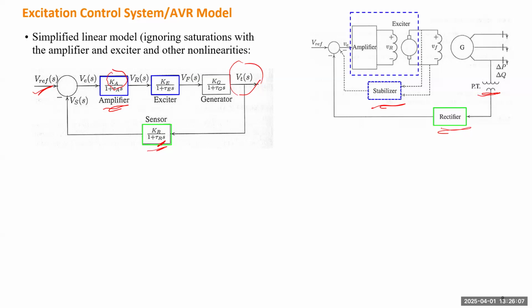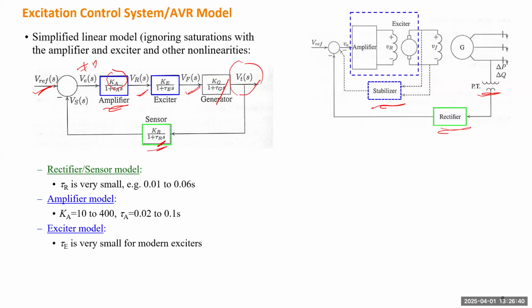Then this signal will be amplified through the amplifier and become the control signal going to the exciter. The exciter will determine the field voltage. Field voltage goes to the generator. Here the generator is modeled by a first order system, and its output becomes the terminal voltage. So now you should be able to write down the transfer function. Let's take a look at the range of values for those time constants or gains.